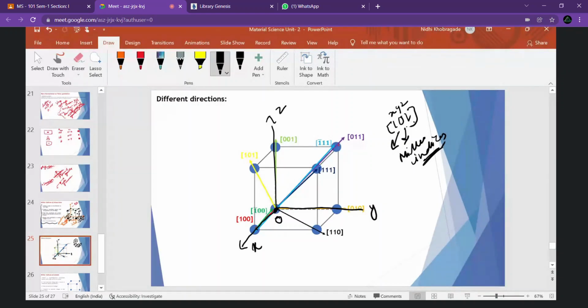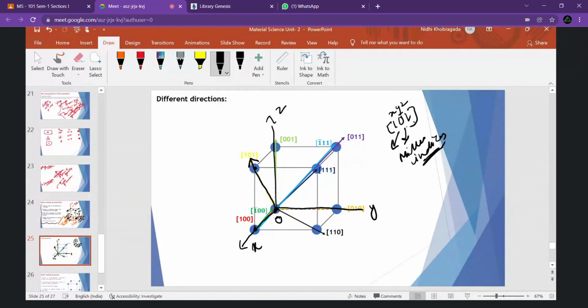Then y is 0, so it will remain here. And z is again 1, so it will move one place along the z axis, from this to this. So from the origin we mark this as our direction.